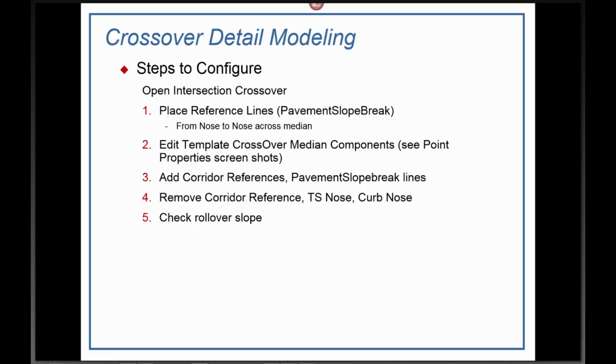And then lastly is to check the rollover slopes, meaning the crossover rollover slopes, where it goes from a 2% to whatever it needs to based on the width of your slope break lines. You just want to check those to make sure you're not violating the rollover or the cross slope break adverse crown condition. And that's basically what the steps are for an open intersection crossover.